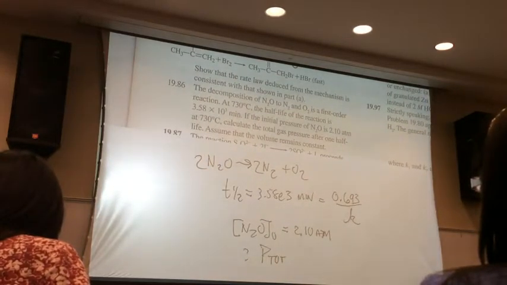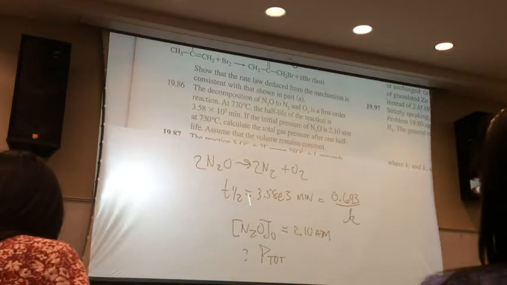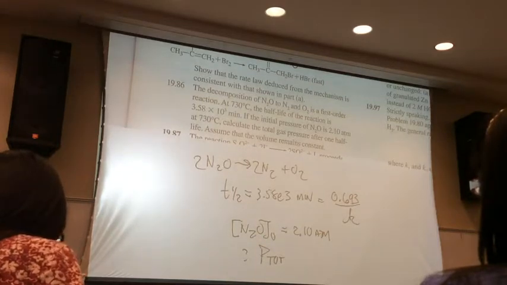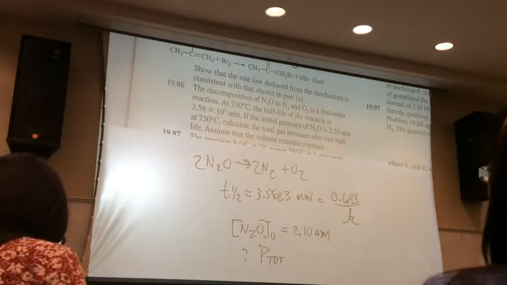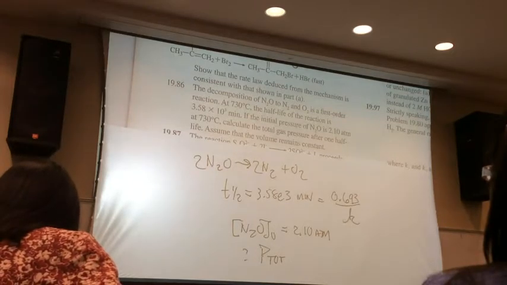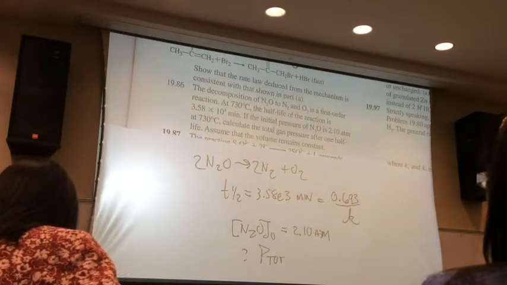We're given information on how much we start with, and after a certain amount of time we'll know how much is left. If you know that, we can use stoichiometry to figure out how much of this and this we produced.